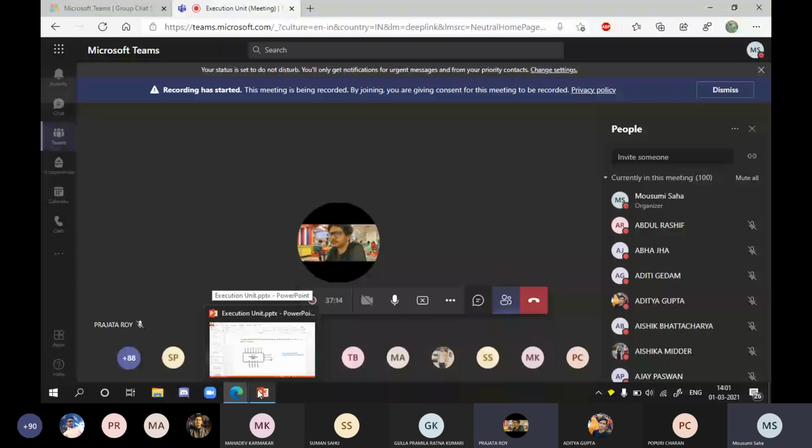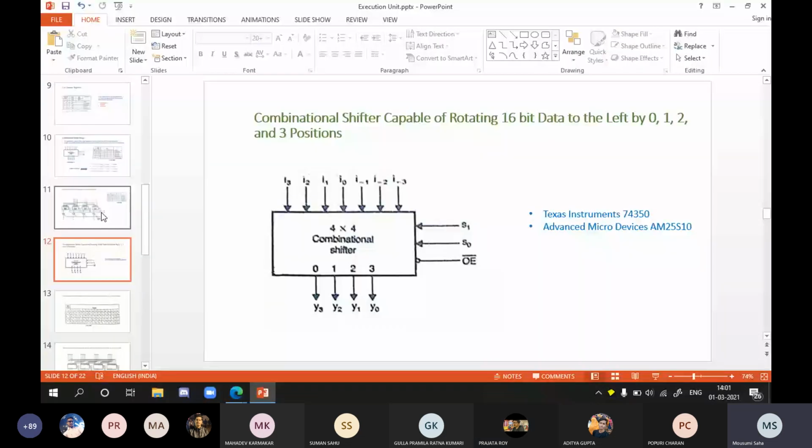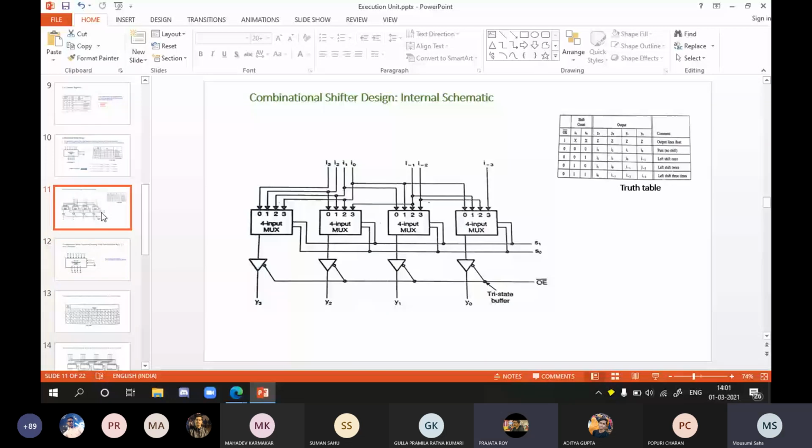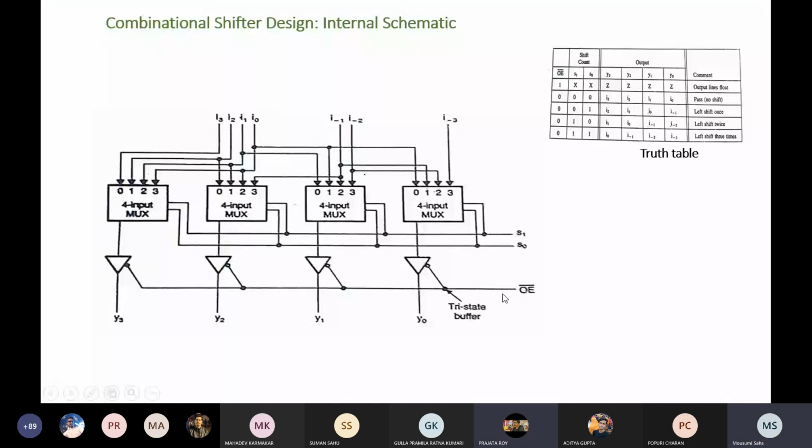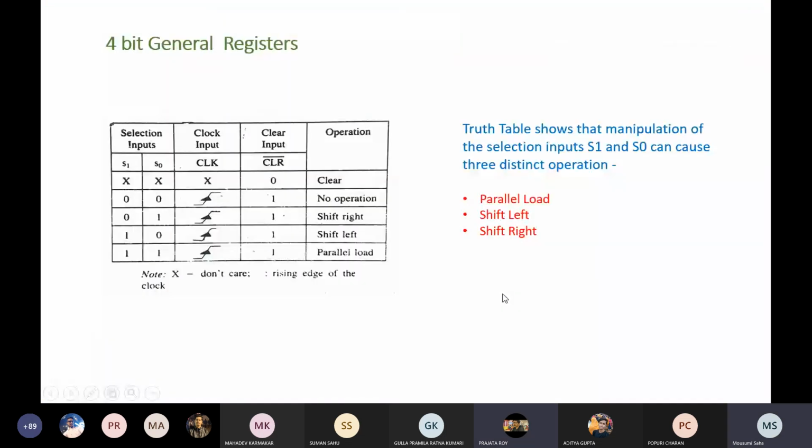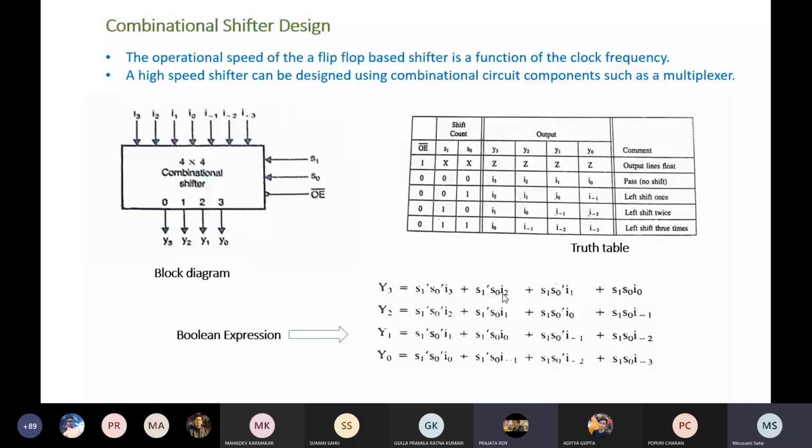Yes, ma'am, you're audible now. Last this PPT, you understood? No, ma'am, we were at the internal schematic, ma'am. We started that off. No, I can explain from here. Yes, ma'am.